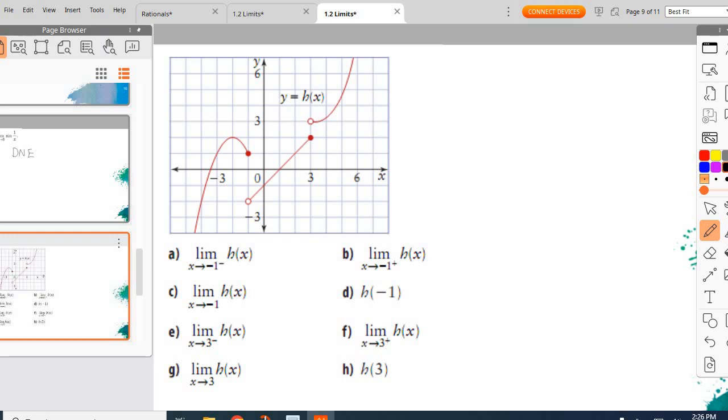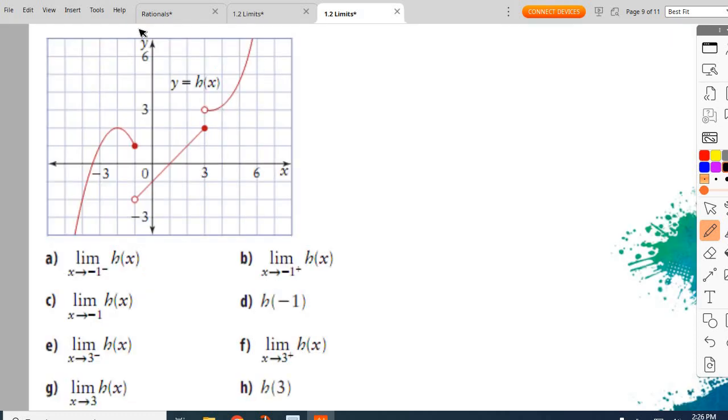You can always have a left and a right side. And that's what these little symbols mean. So on this first one, it has the limit as x approaches -1 from the left. That's what this little negative means. And on part B, it's the limit as x approaches -1 from the right.